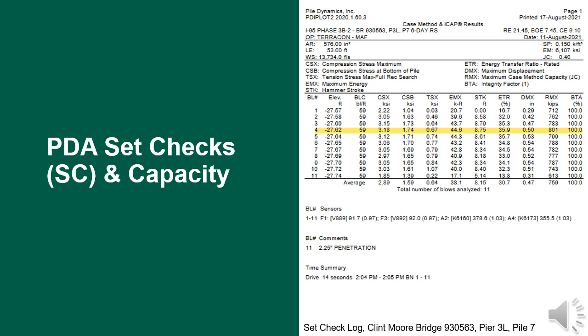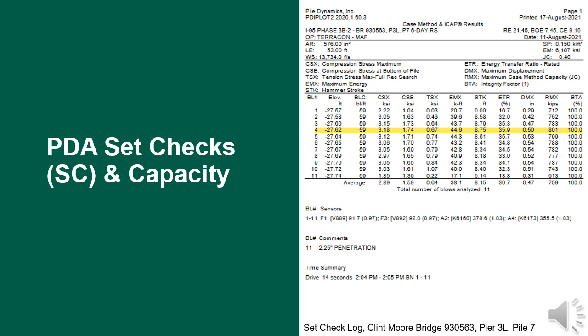We have our blow counts, we have our CSB, our RMX, but it's also important to look at our EMX, and this is what I mean by strong previously. If our EMX value here is much lower on this log, which occurs sometime after the initial drive, then we might not have an accurate representation of the pile's true capacity. We might not have put enough energy into it to determine the capacity.